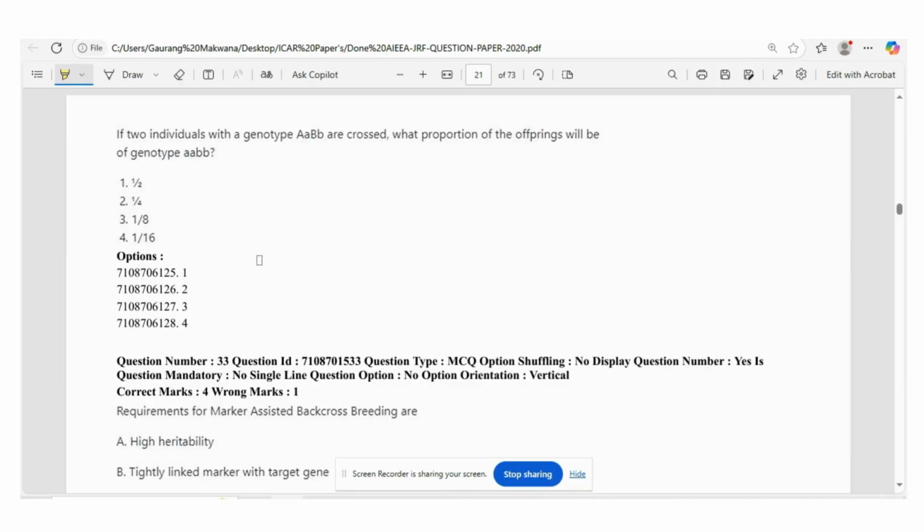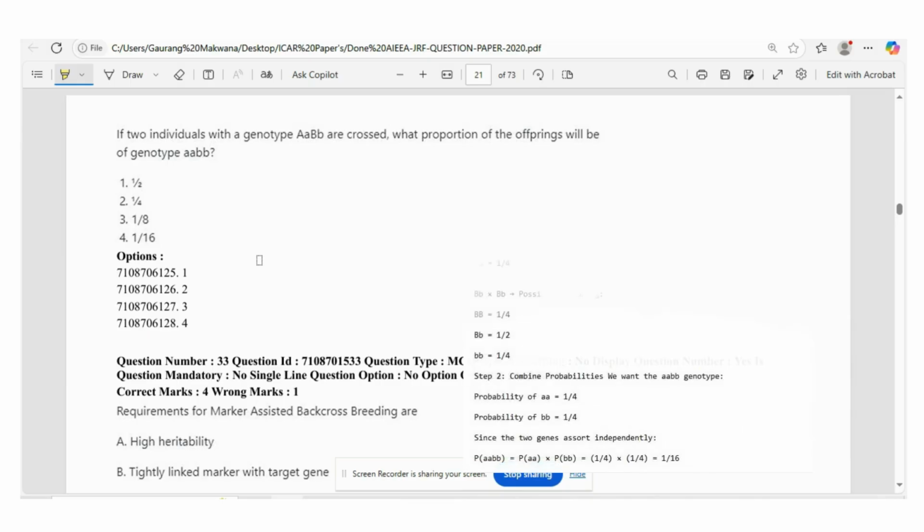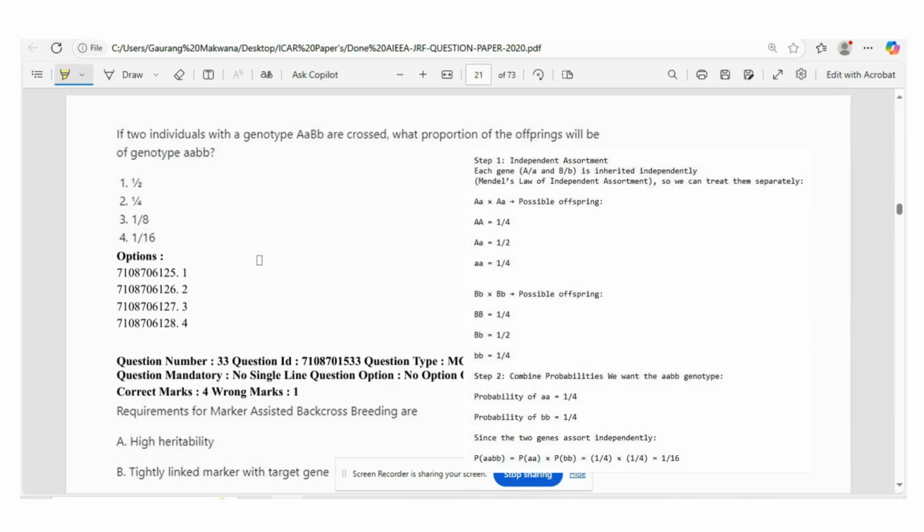Then, if two individuals with genotype AaBb are crossed, what proportion of the offspring will be genotype aabb? Here they are asking for the recessive offspring, small a small b.